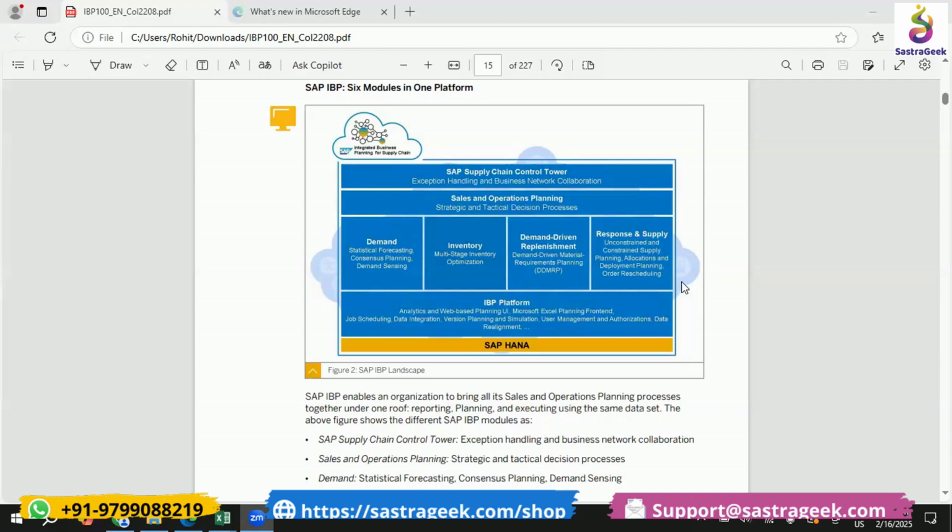Within the supply part, as I mentioned earlier, there are two concepts, the time series concept and the order series concept. APO is more related to order based. We will see what that differentiation looks like. But as a consultant, I should know how I manage supply planning and what the nitty-gritties are in terms of quantity calculations, shortage calculations, source determination, and which master data elements associated with IBP drive all these calculations.